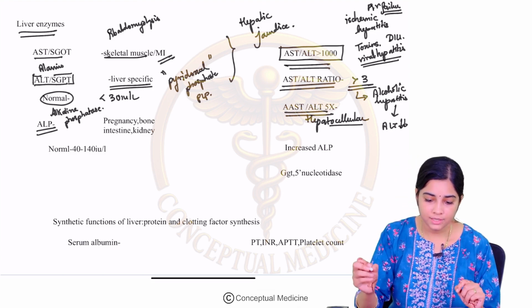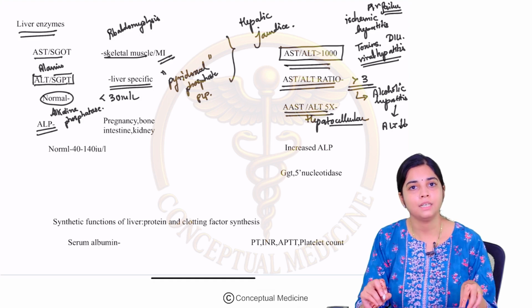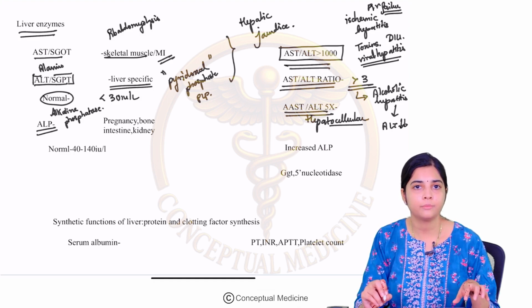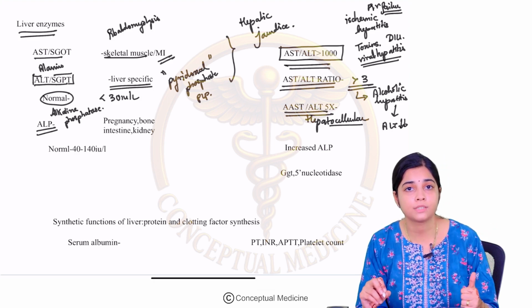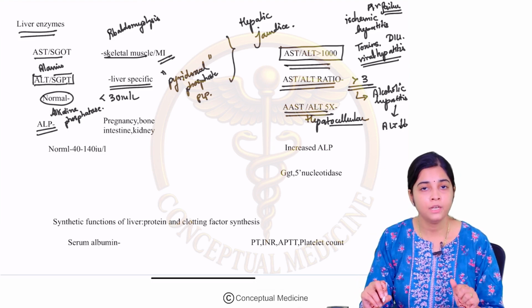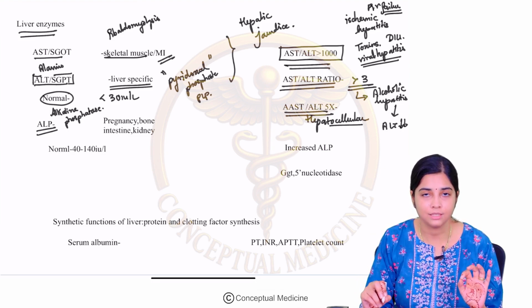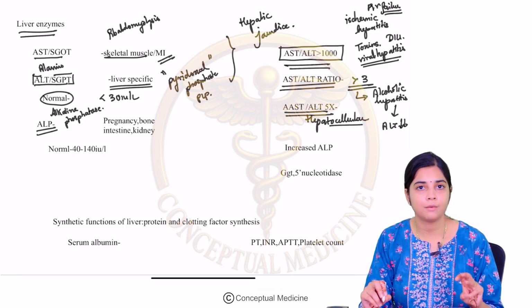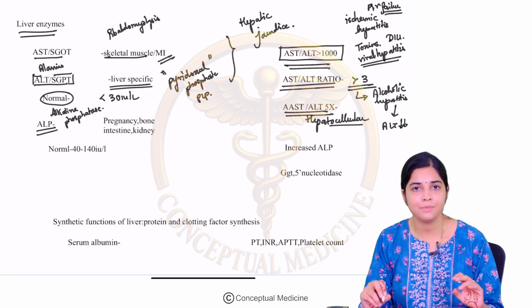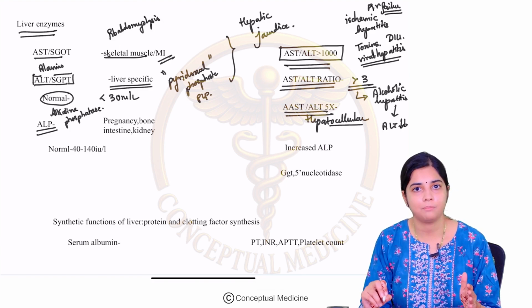Okay. So this is about your AST and ALT. AST and ALT are basically enzymes which are produced from the liver and they get elevated during liver damage, and they are more suggestive of hepatocellular injury. Normal levels are less than 30. AST can be elevated in other conditions including skeletal muscle damage or cardiac muscle damage such as rhabdomyolysis or MI.